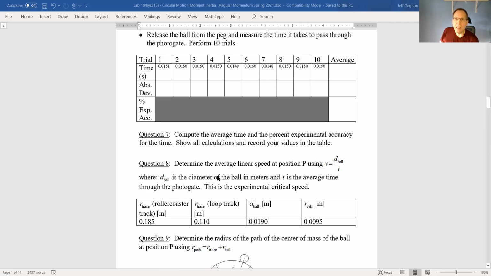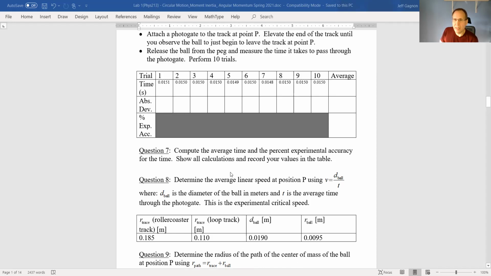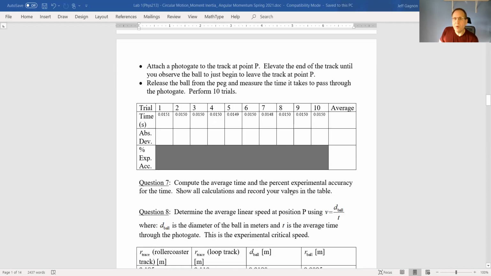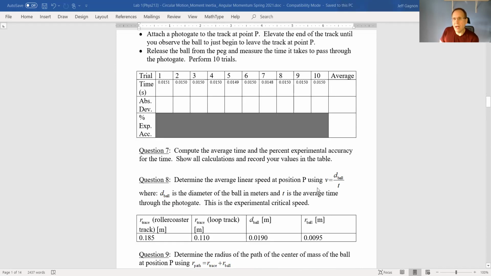Then question 8: determine the average linear speed at position P. So determine the velocity at position P, and we're going to call that our experimental velocity. We know that is really our critical speed, because it's set up so that the ball is just ready to leave the surface at point P. So how do we find that critical speed experimentally?